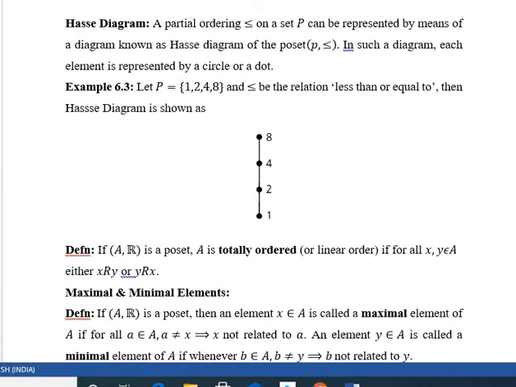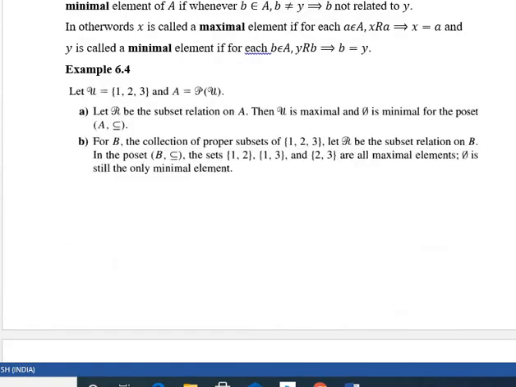An element y of A is called a minimal element of A if whenever b element of A, b not equal to y implies b is not related to y. In other words, x is a maximal element if for each a element of A, x related to a implies x equals a, and y is a minimal element if for each b element of A, b related to y implies b equals y.